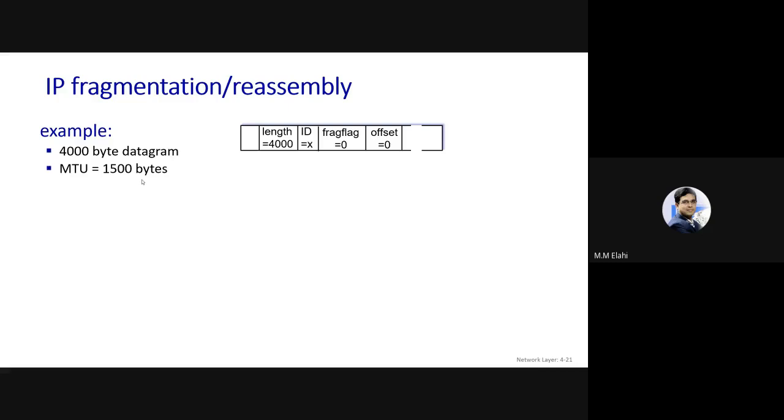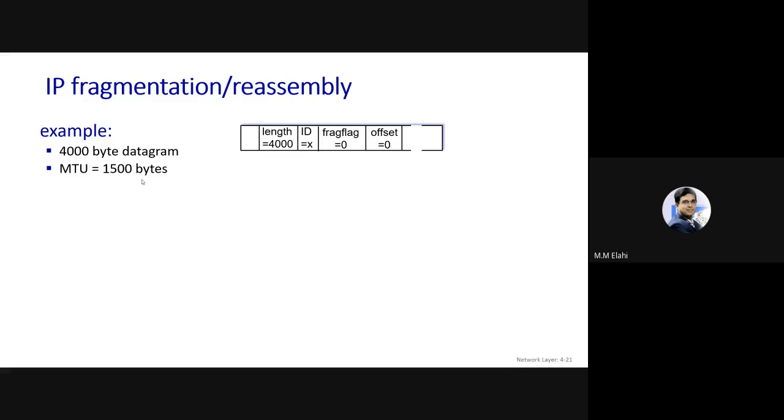But since the MTU is 1500, we have to convert this length into individual packets with length 1500. Now keep one thing clear. What is the header size? IP header, 20 bytes. Since this is not given here, we'll assume it is 20 bytes.